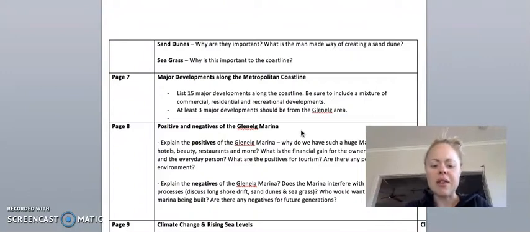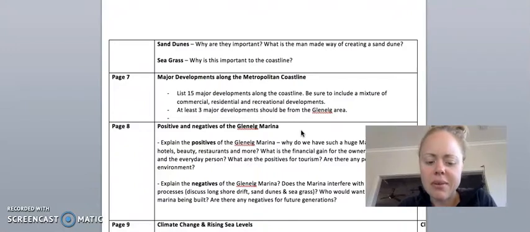Page 8, and also we do want you to focus on the Glenelg area, because that is the latest development that really does affect the natural coastal processes and has become really problematic. So the building of the marina has obviously been hugely problematic. Another one you could say in the Glenelg area is that new pop-up bar that they placed right on the beach.